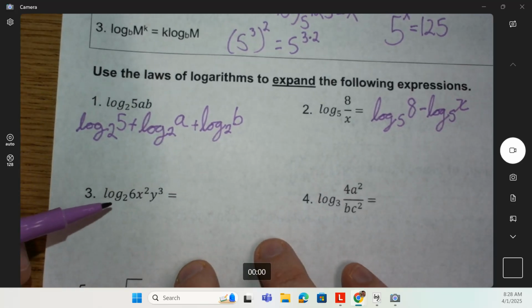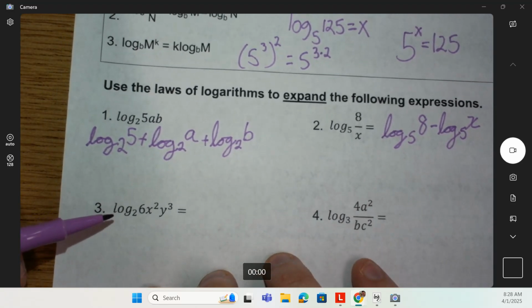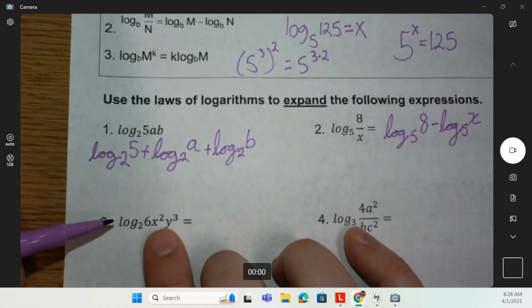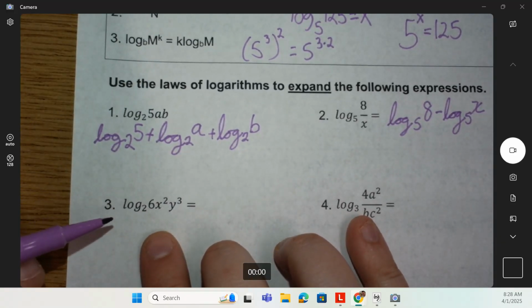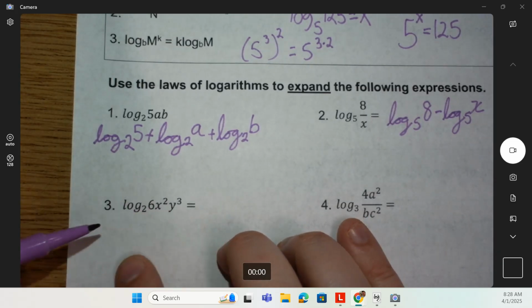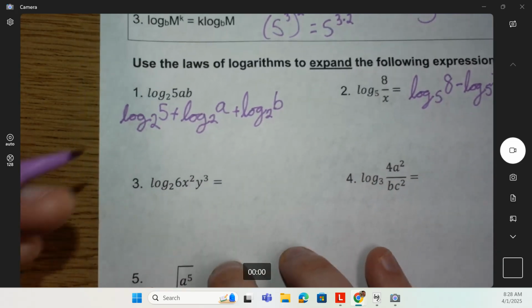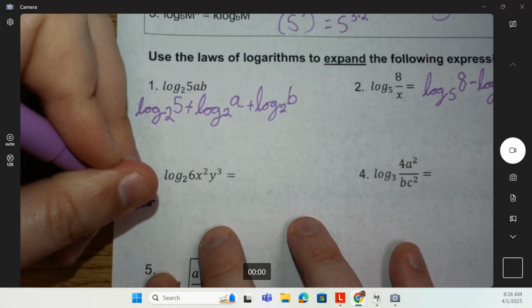Okay, on number 3 and 4, I'll split up into a couple of steps. Essentially, for this one, we are using the first rule and then the third rule. You can do it all at once, which would be breaking it apart into 3 pieces and moving the 2 and 3 up front. But I'll show it to you in 2 steps. So first, we'll split them all up.